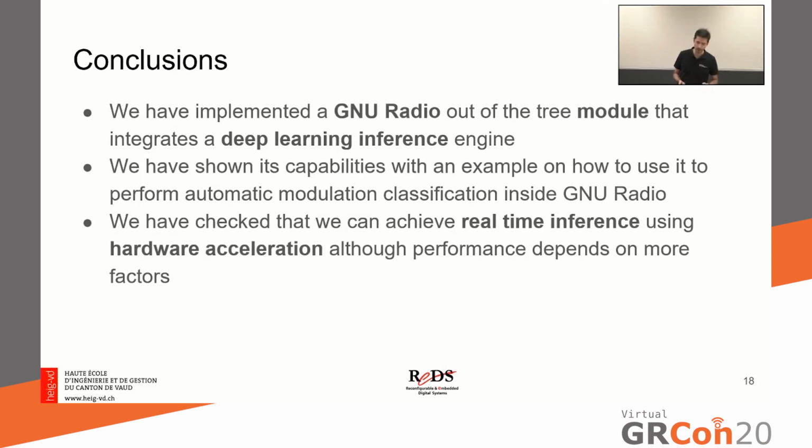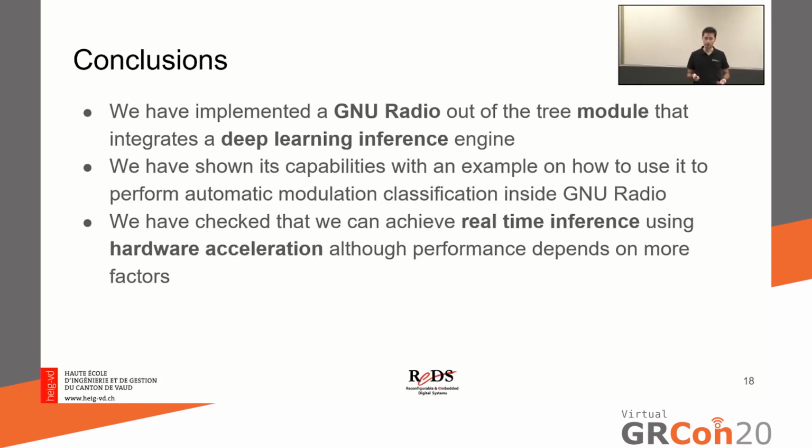So now, in conclusion, we have implemented a GNU Radio out-of-tree module that integrates deep learning inference and SDR. It supports a standard format for a deep learning model representation, and it supports different acceleration methods, hardware and software.